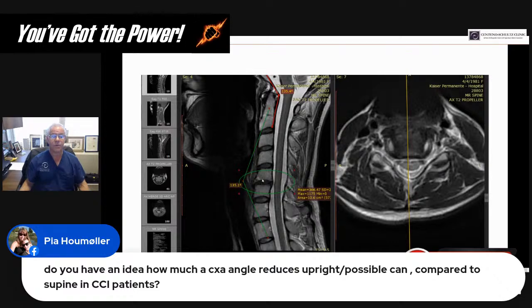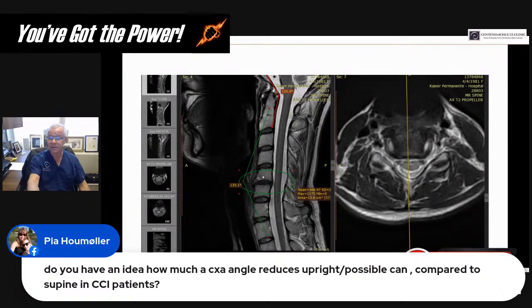So it's very important to realize that there's a relationship, and I'm going to cover this in another video, a hard relationship between this curve and that CXA number. So you can only measure a CXA in someone who's got a normal curve. Outside of that, it's a red herring, because it's going to go down and possibly look abnormal if there's a reverse curve.